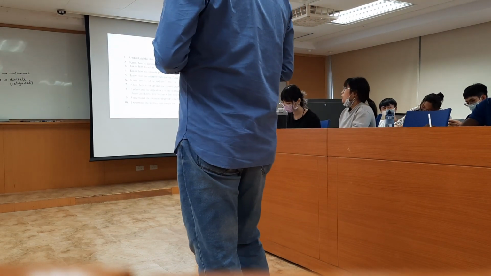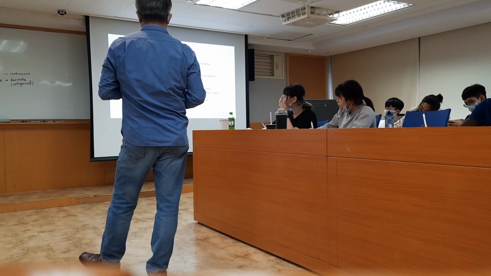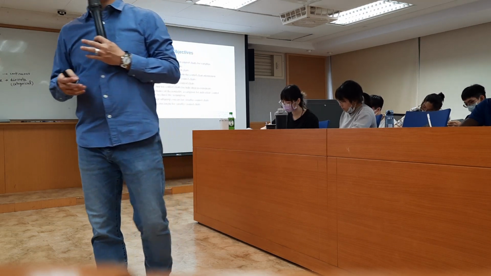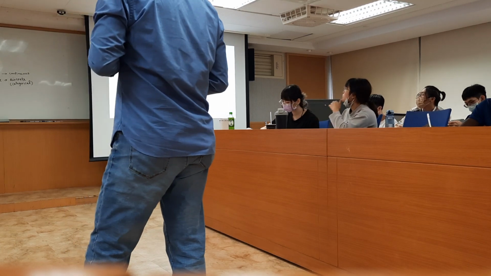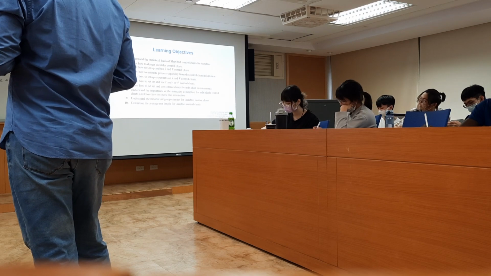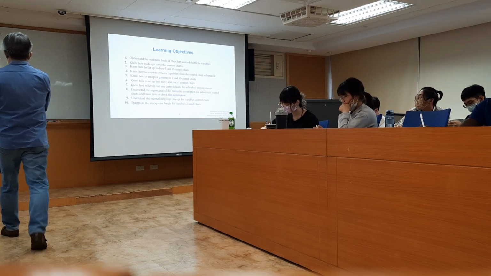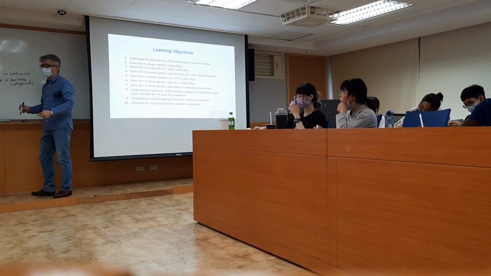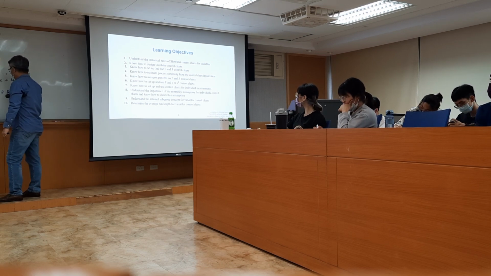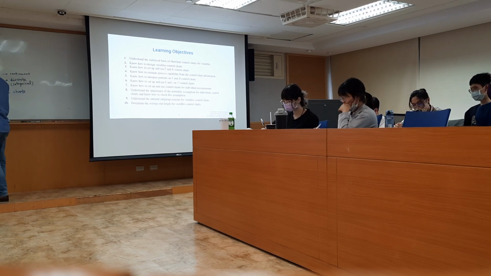So the learning objective: understand the statistical basis of the Shewhart chart back in 1926, and know how to design variable control charts, and know how to set up and use X bar and R. This is a pair. X bar.